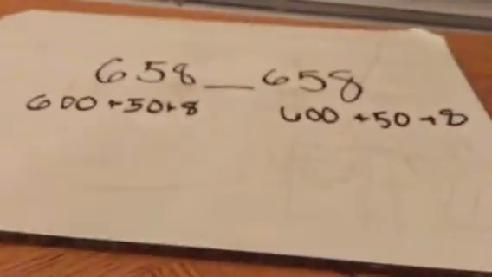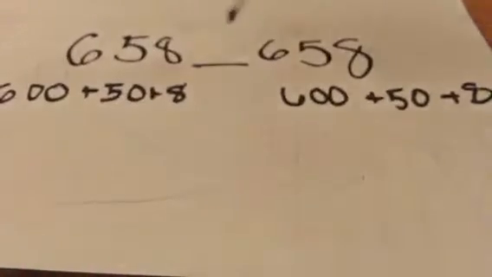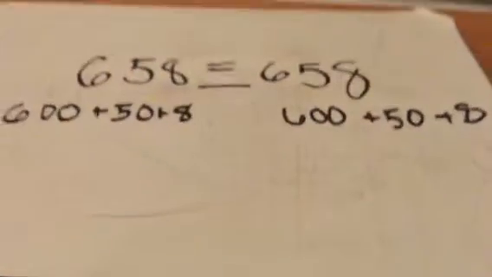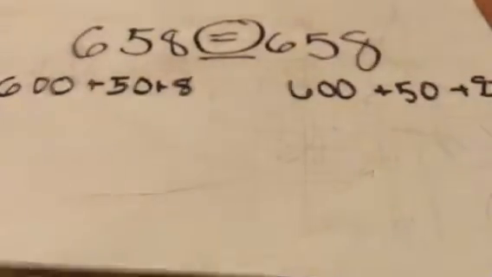You can't see that, so let me back that up. Okay, so I see 600, 600, 50, 50, 8, 8. So therefore, they must be equal. So our answer for number 1 is equal to. 658 is equal to 658.